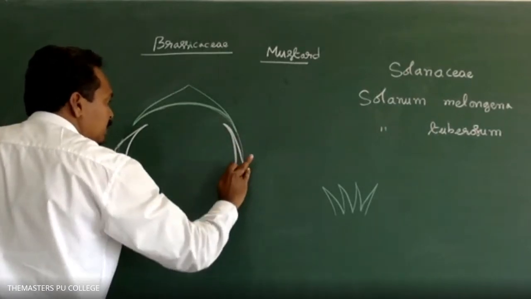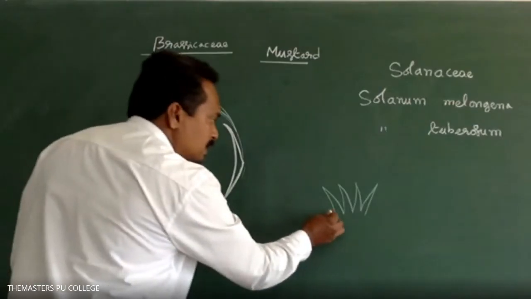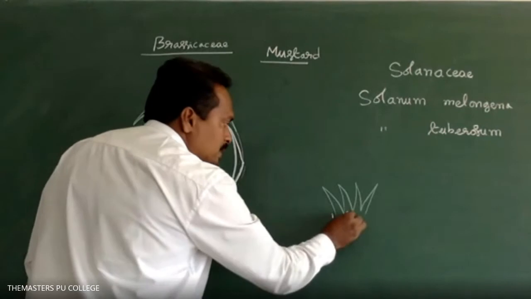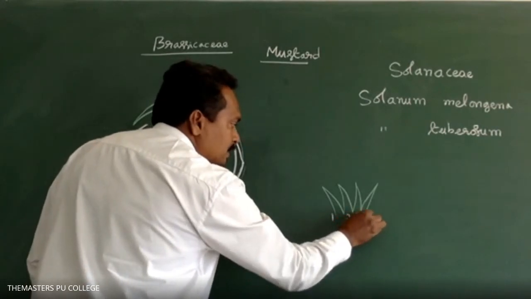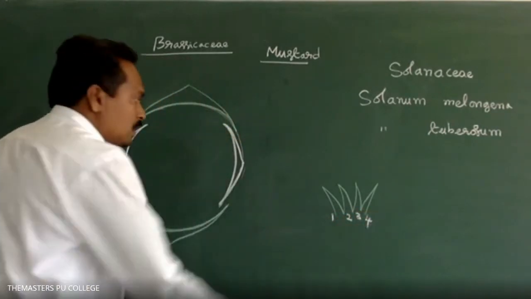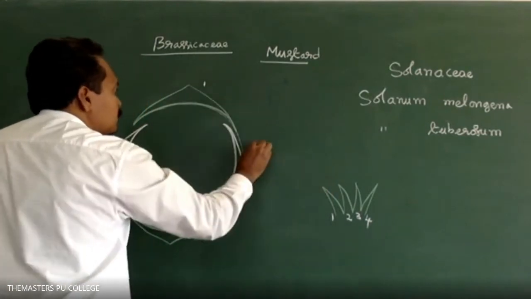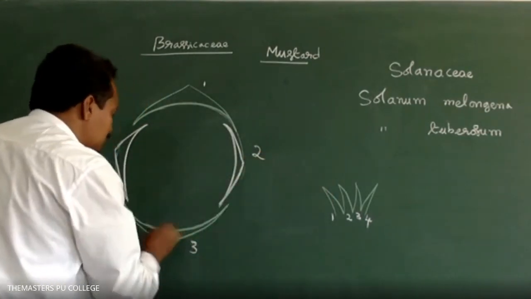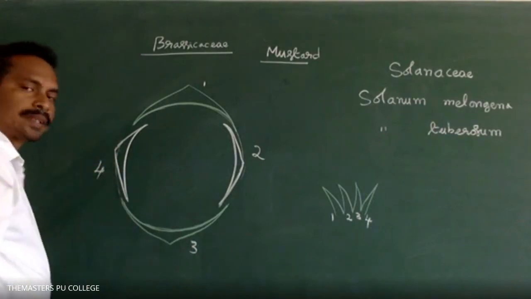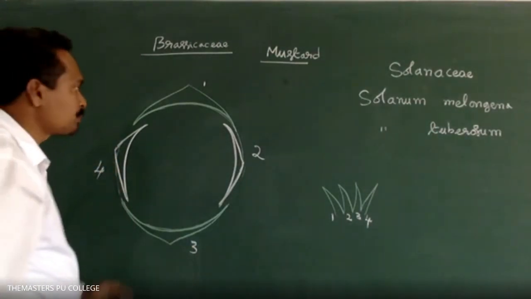How many sepals are there? Four sepals. This is one sepal, second, third, fourth.